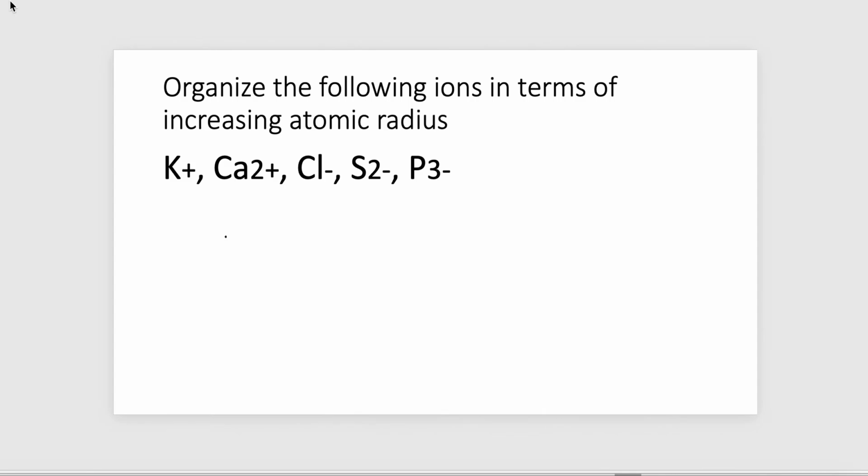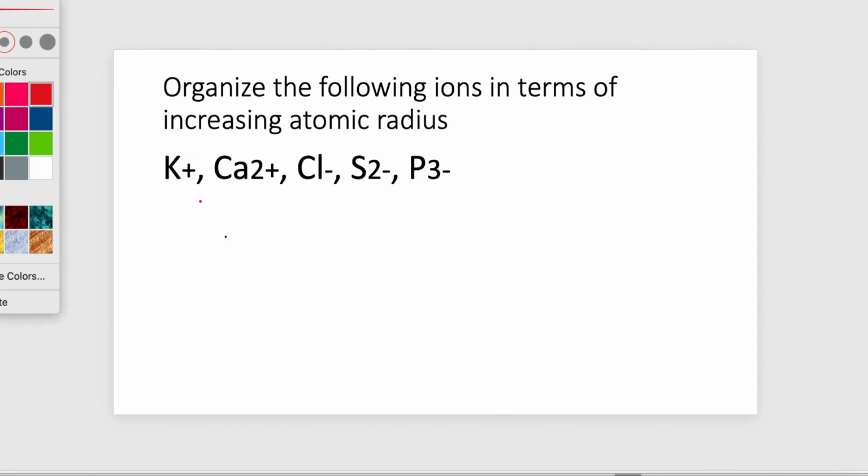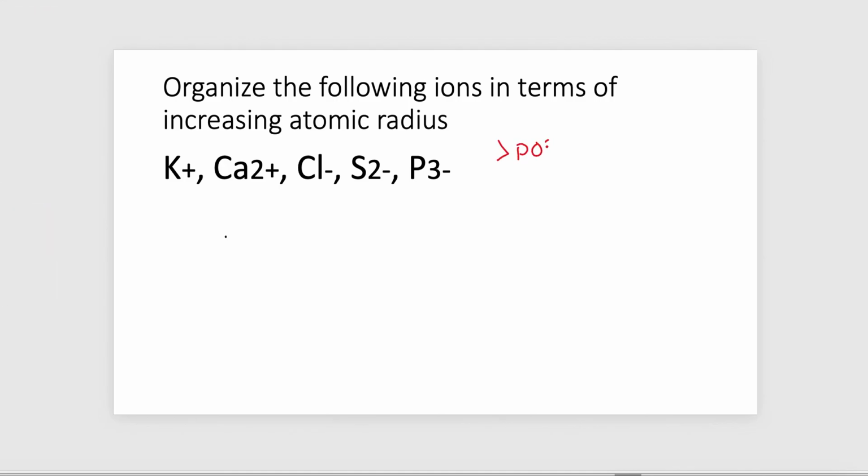So the rule for this is that the more positive an ion is, the smaller it is, and the more negative, the bigger it is.